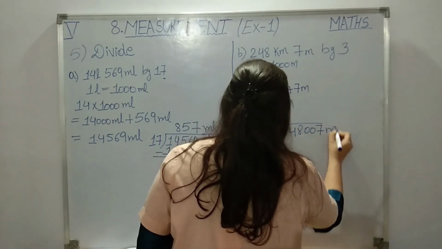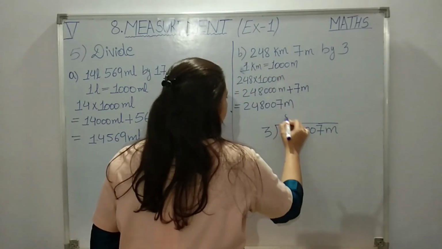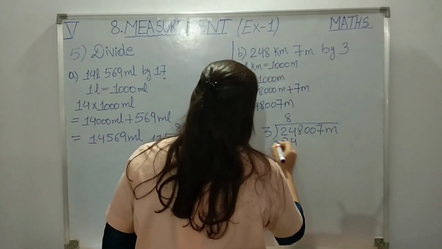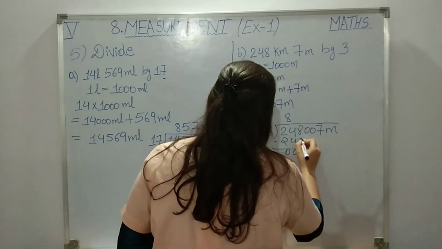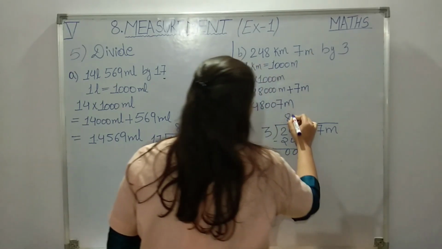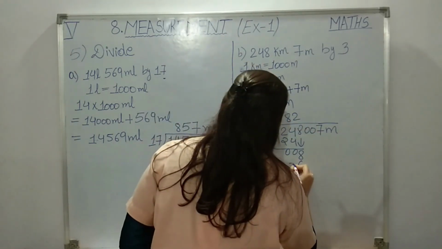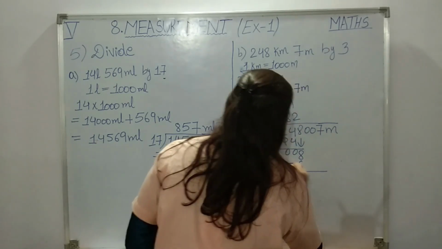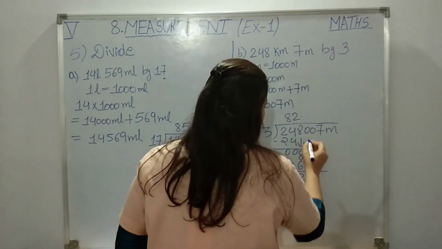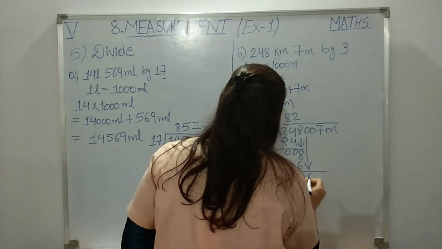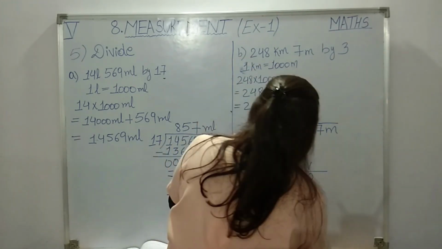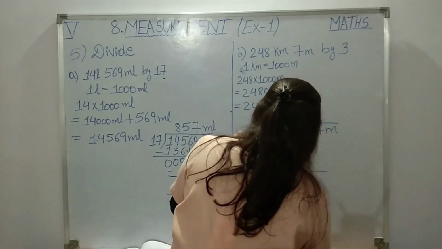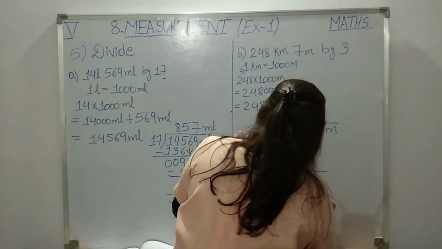248,007 meters. So 3 8s are 24. Then 8, 3 2s are 6, 7, 8. Clear now students? Now we'll take 0. So 3 6s are 18, 2 left.